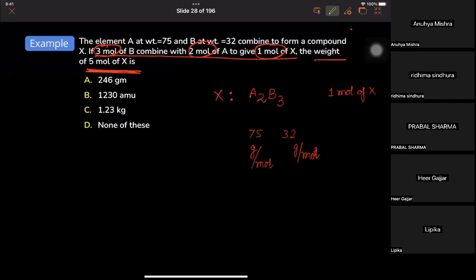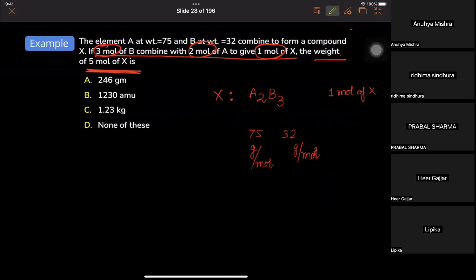I'm going to end the poll in the next 30 seconds or less. Almost 71% students have participated in the poll. I'll share the answers also. Okay, I'm going to end the poll and share the results with you.